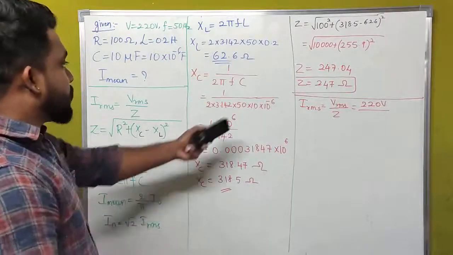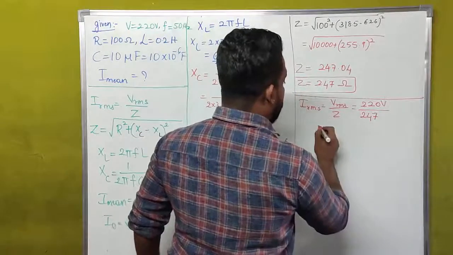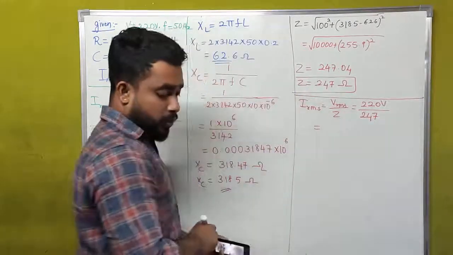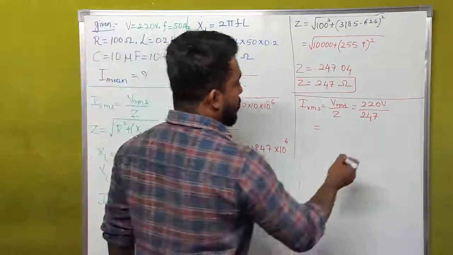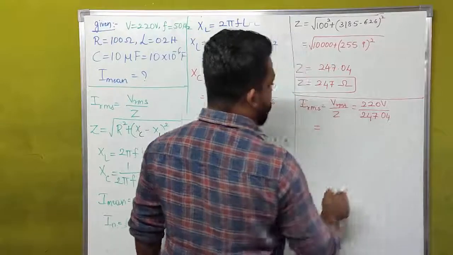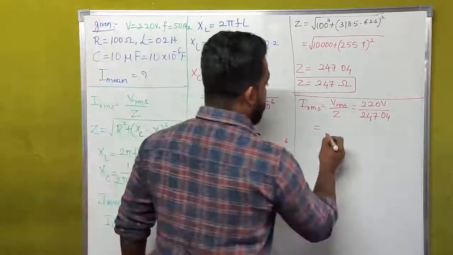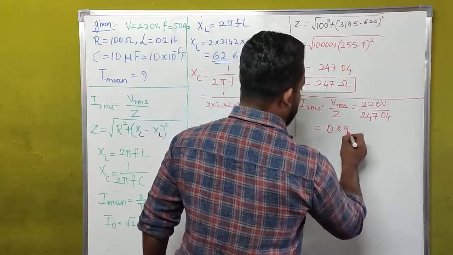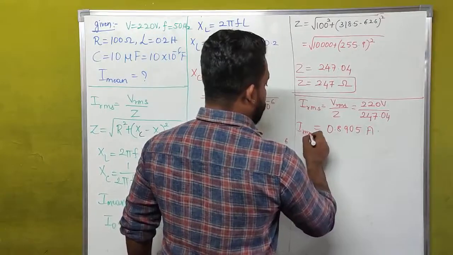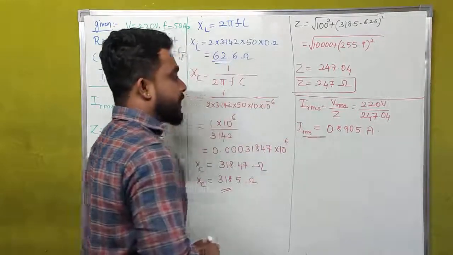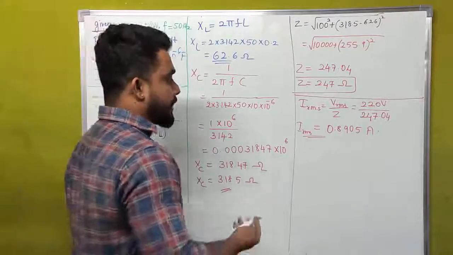Z is equal to 247 here. If we divide 220 by 247, what we will get? That is approximately 0.8905. This is the IRMS value of current. That is, IRMS is equal to 0.89 ampere.